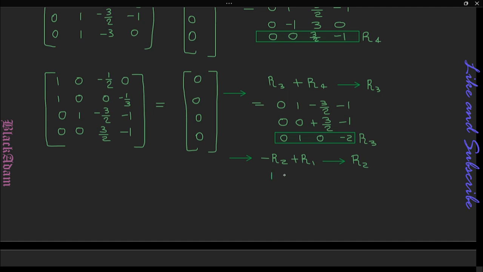Okay, so we start with row 2, which is 1, 0, okay, so it's negative 1, 0, 0, 2 over 3, so that is 0, 0, negative 2 over 3.